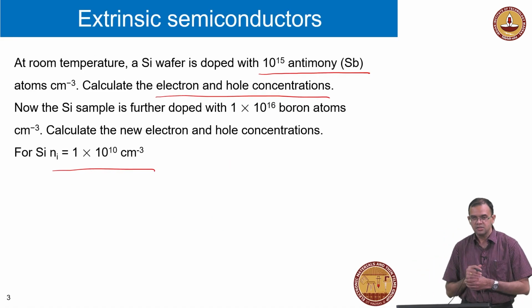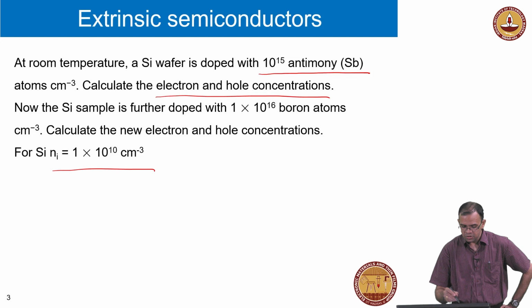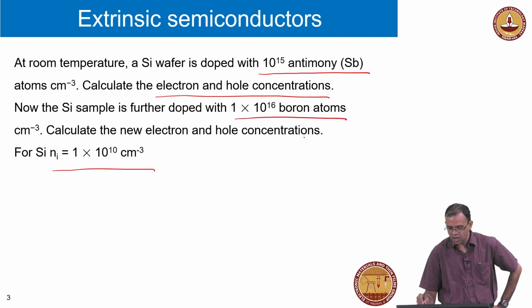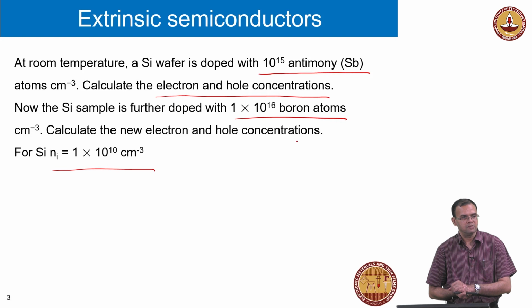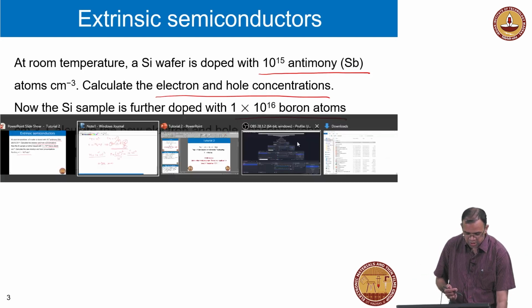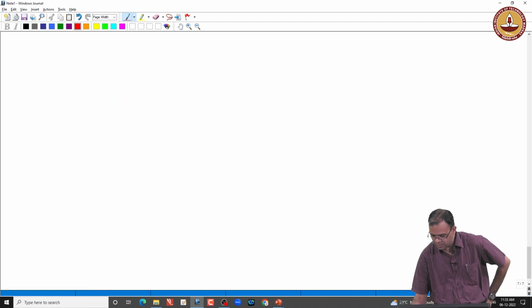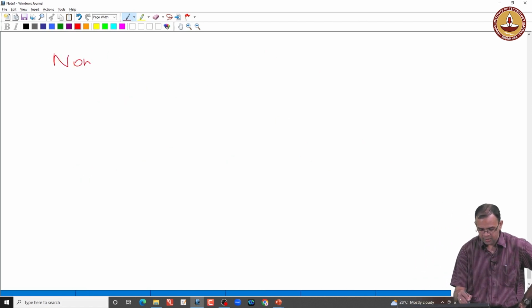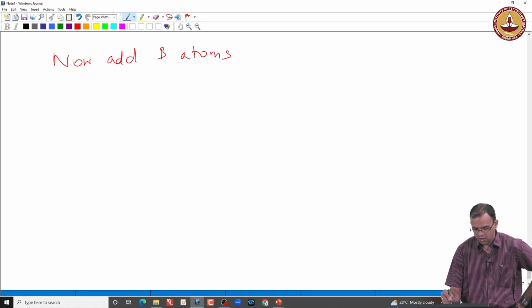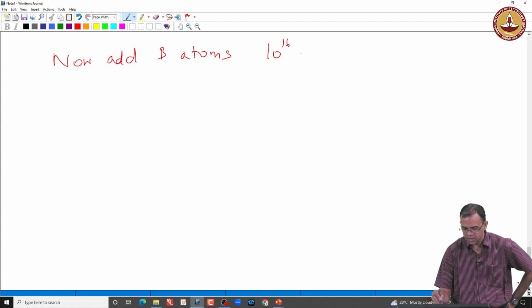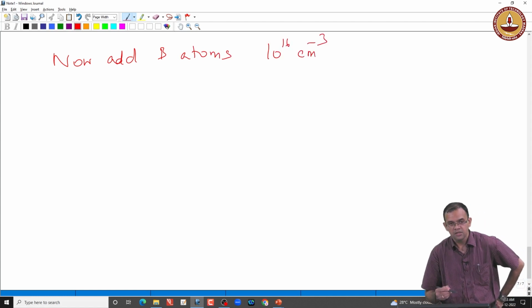Then we make things a bit more complicated. To the same sample, you are now going to add boron atoms, and again there is a particular concentration. So if antimony is pentavalent, what's boron? Trivalent, right? So boron is group 3, it's the other side of the periodic table. So now you add boron atoms, of around 10 power 16 per centimeter cube.